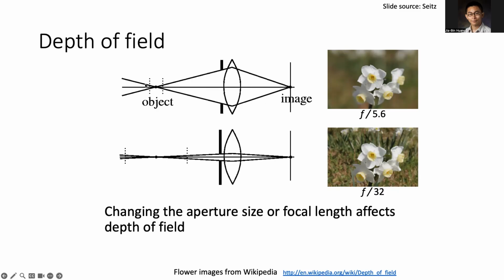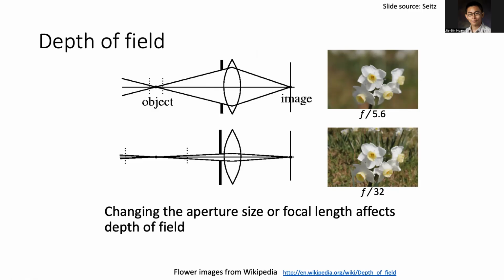But this is a trade-off you're making, right? You gather more light, so you have a higher SNR, signal to noise ratio. But at the same time, you have to live with this: you can only put a particular depth plane in focus and you have a shallow depth of field.